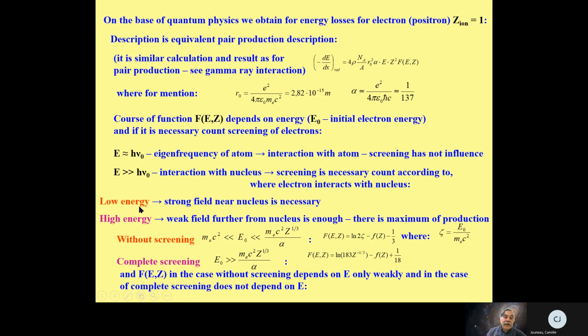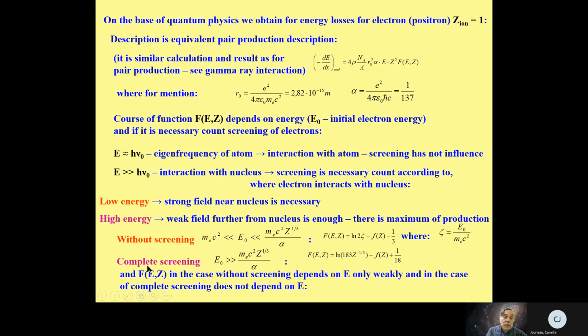And in the central part, we have the charge of the nucleus not screened, and this calculation is possible to do without screening. For high energy, most of the production of Bremsstrahlung radiation is in the outer part of the atom.